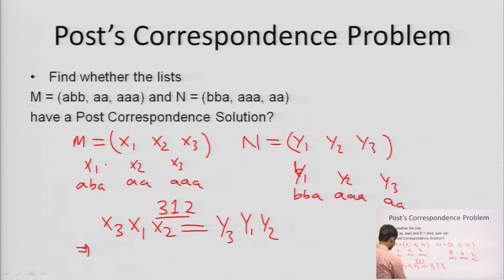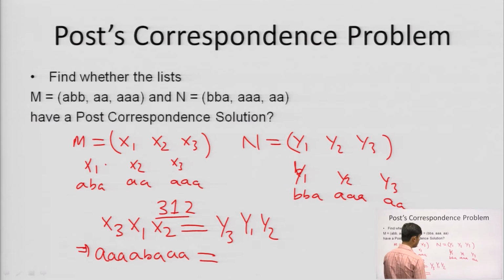Now you check. What is x3? x3 is aaa. x1 is aba. x2 is a. Now for y3, what is y3? y3 is aa.